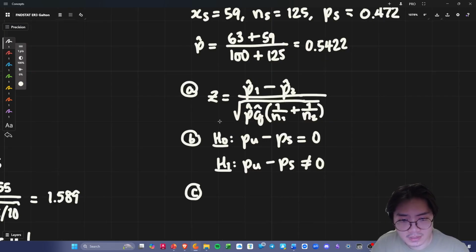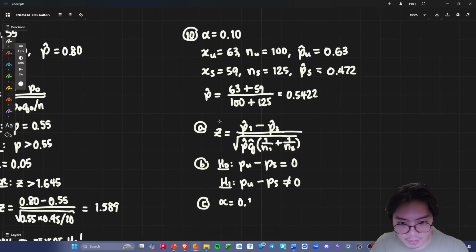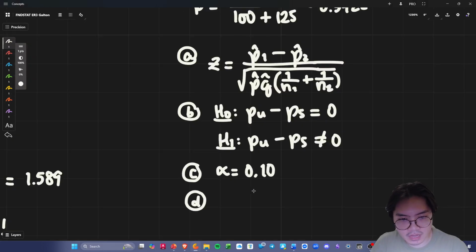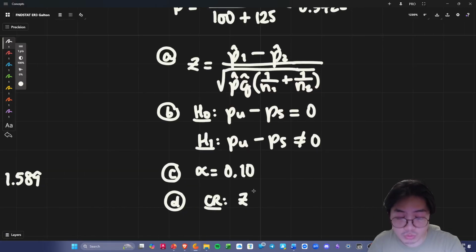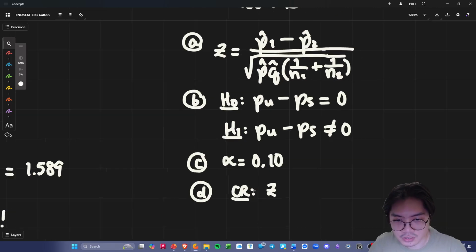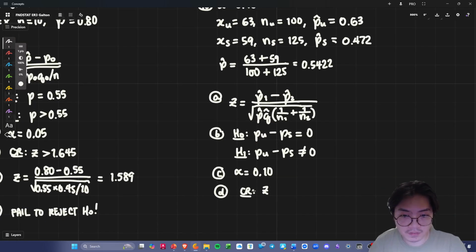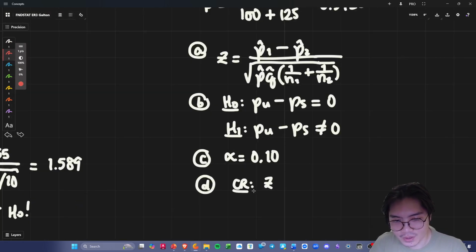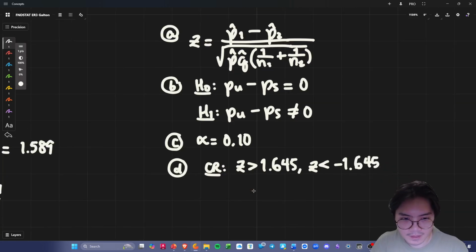Letter C, our level of significance is 0.10. Okay. That means for the critical region, I can just reuse the same thing that I've seen, because this is a two-tailed test. It is split in two, which means this corresponds to a 5% level of significance on both sides. So copy this one: greater than 1.645, or less than negative 1.645.